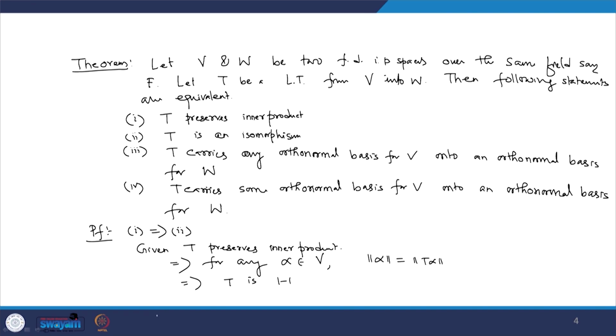It is given to us that T preserves inner product and T is also 1-1, and since the dimensions of V and W are finite and the same, it is also onto. So, T is 1-1, onto and preserves the inner product. So, this implies T is an isomorphism.